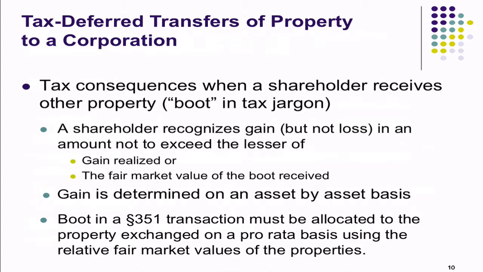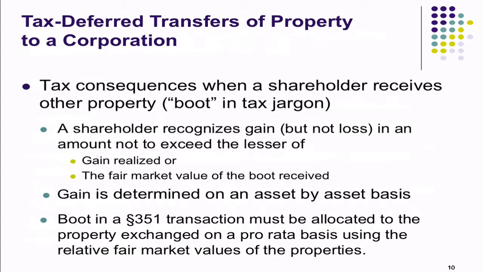Now, if, for example, I gave the corporation that same land, and in return they gave me back another piece of land, and in addition they gave me the $1,000. So I got $1,000 back, and I got the land as well. So then what happens? That's all considered boot.